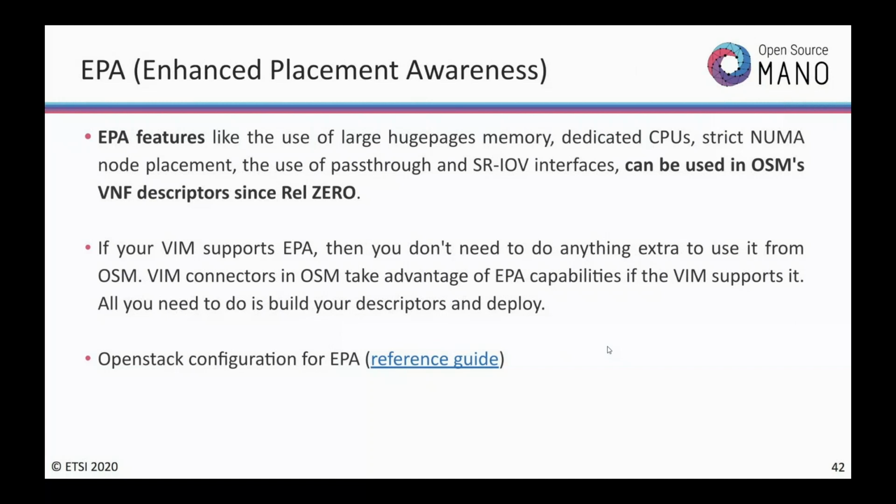And also, by default, we don't control the location of memory. So, for example, a VM could have a CPU in one socket and then go to the other one for the memory and things like that.